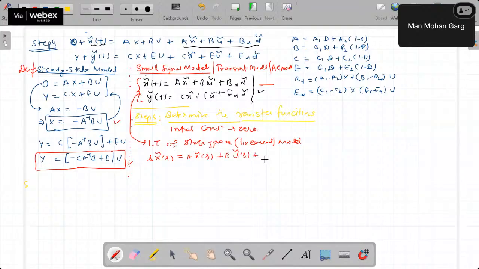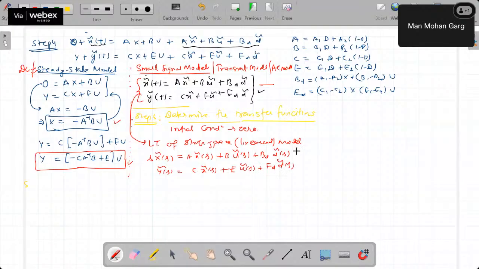A, B, BD, all these are constants, so they will not have any impact due to the Laplace transform. Another one is Y of s equals C X of s plus E U of s plus ED D of s.